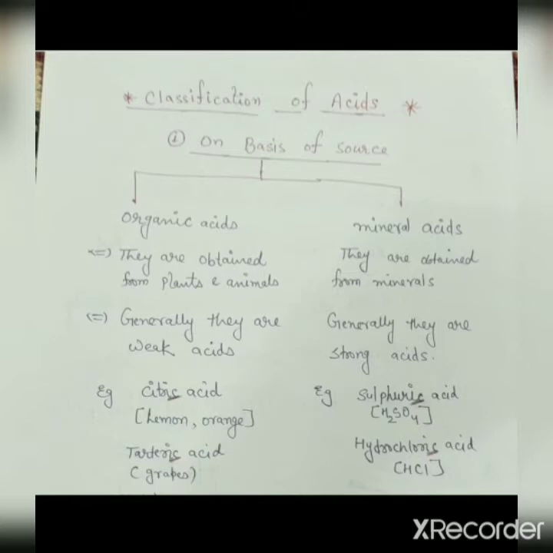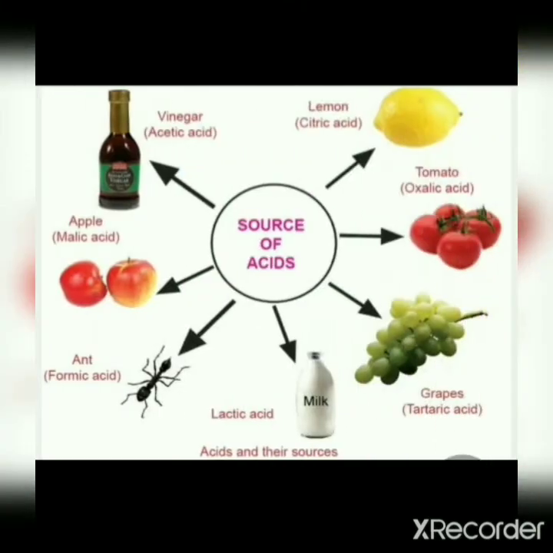Let's take more examples. So, these are the examples of organic acids. Lemon, citric acid; in tomato, oxalic acid; grapes, tartaric acid; milk, lactic acid; ant sting, formic acid, that is very important.